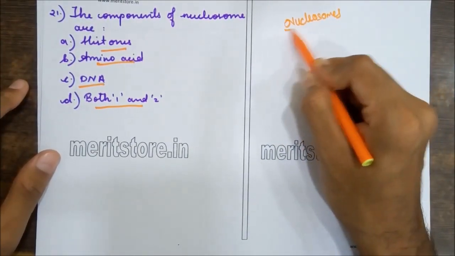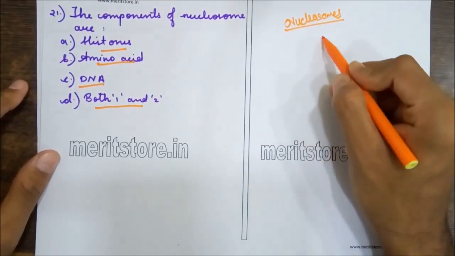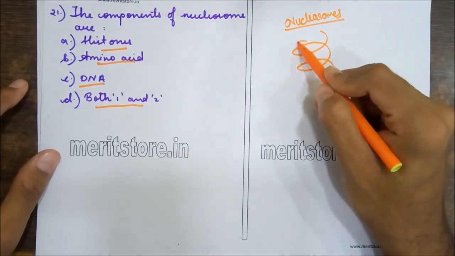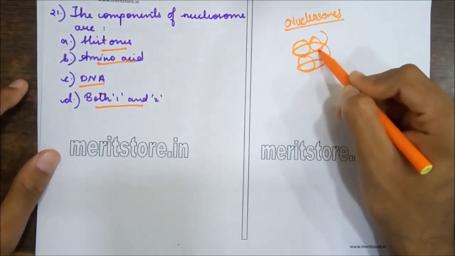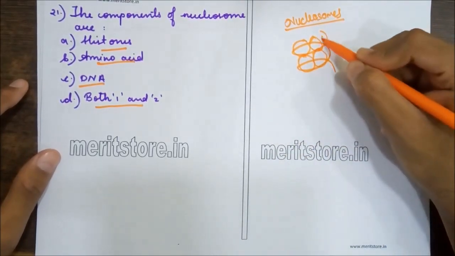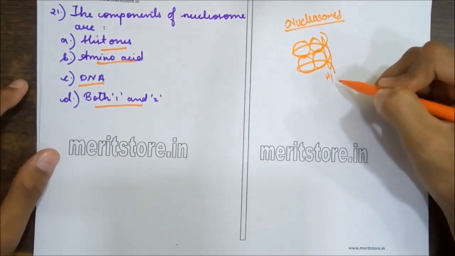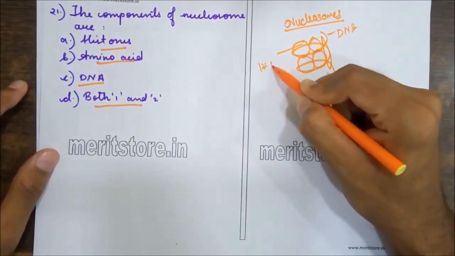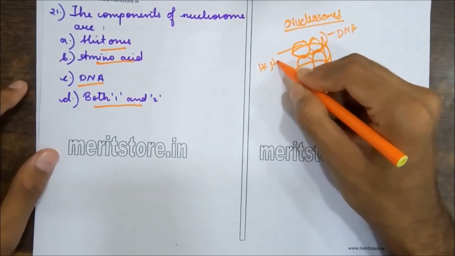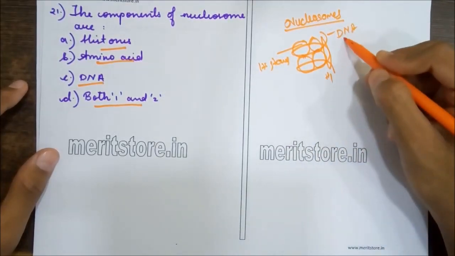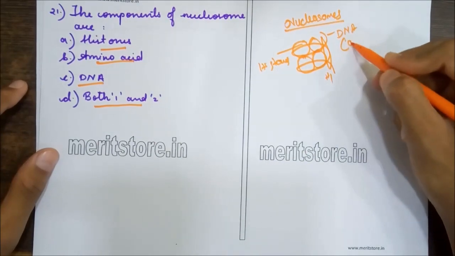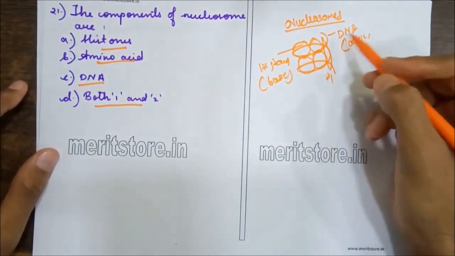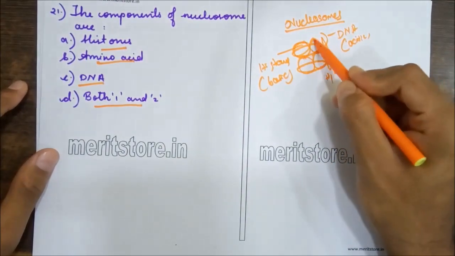Nucleosomes are nothing but acidic DNA which is wrapped around octamers of histones. So this is a DNA and these are histone proteins. So this DNA is acidic in nature and histones are basic in nature, due to which they bind strongly.